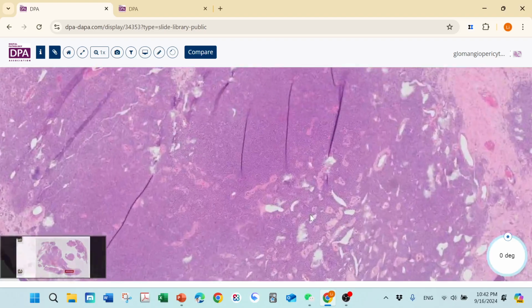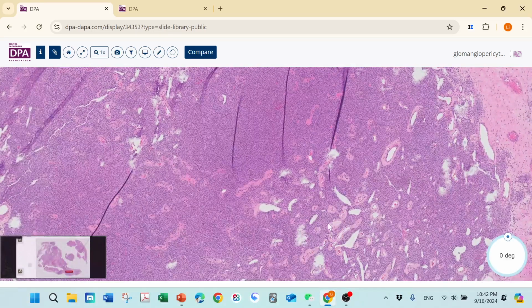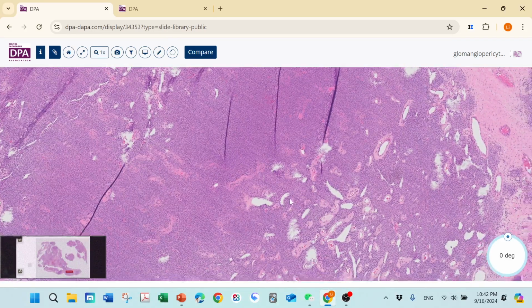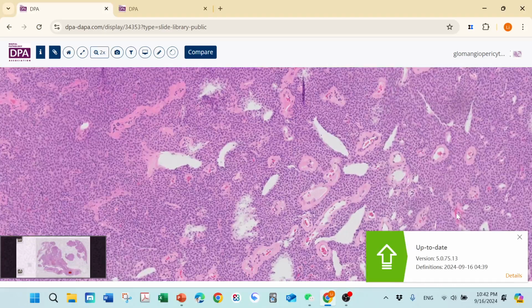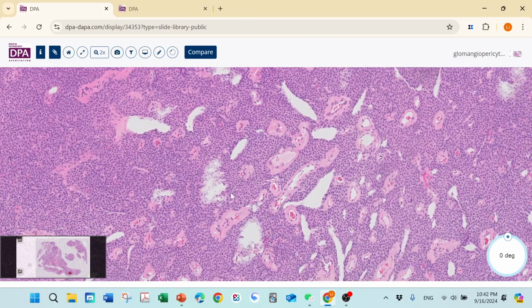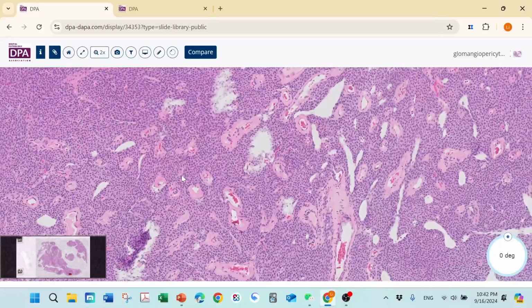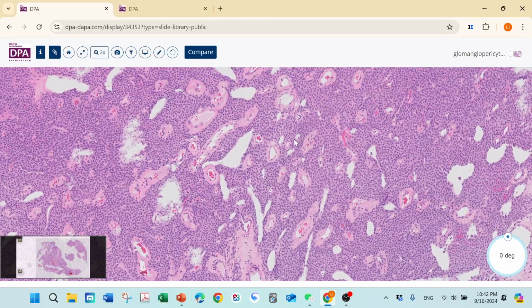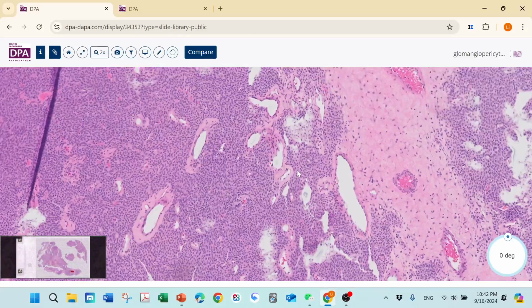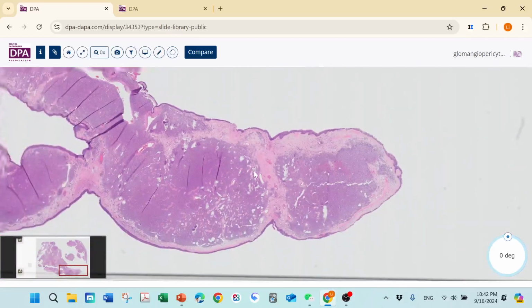But when we zoom in, we can see kind of characteristic hyaline vessel wall hugged by these monotonous cells. So for me, really identical to the glomus tumor. You really need the immunostaining to help you make the final diagnosis: Glomangiopericytoma.